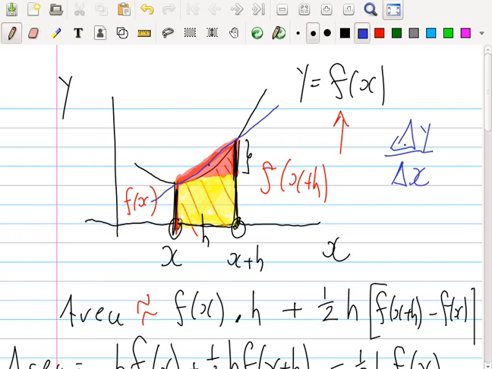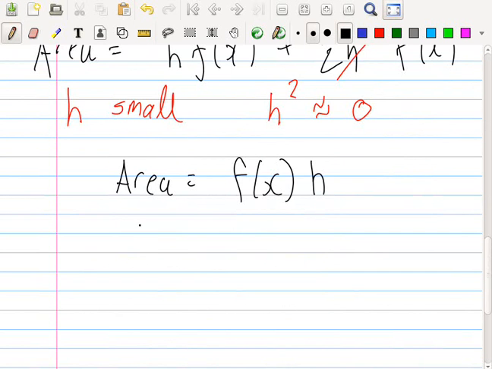And what do you think the delta x represents in this graph? That's actually this piece here, and the delta y, the height here. So what letter represents delta x? Yeah, h. Very good. So we have area equals f(x) times delta x.